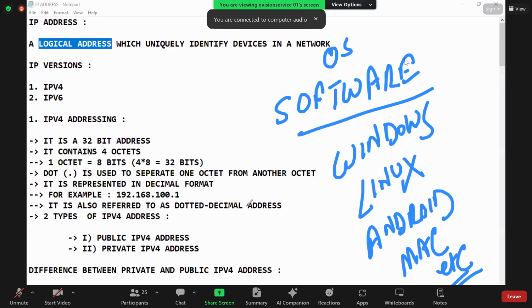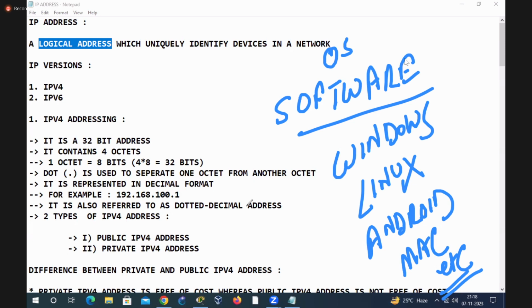And these small software applications allow you to configure IP address on your machine. So it's not always that you need operating system software to configure IP address. These days, there are lots of developers who developed small applications which allow you to configure IP address directly on your machine.